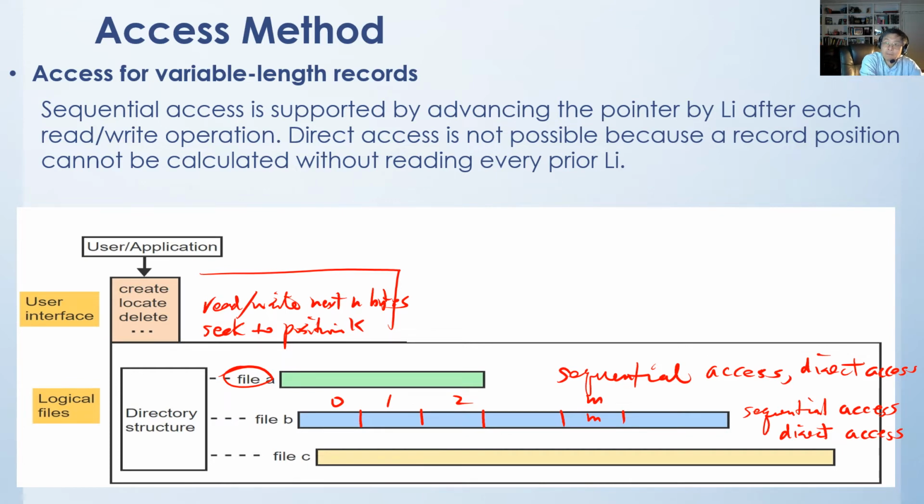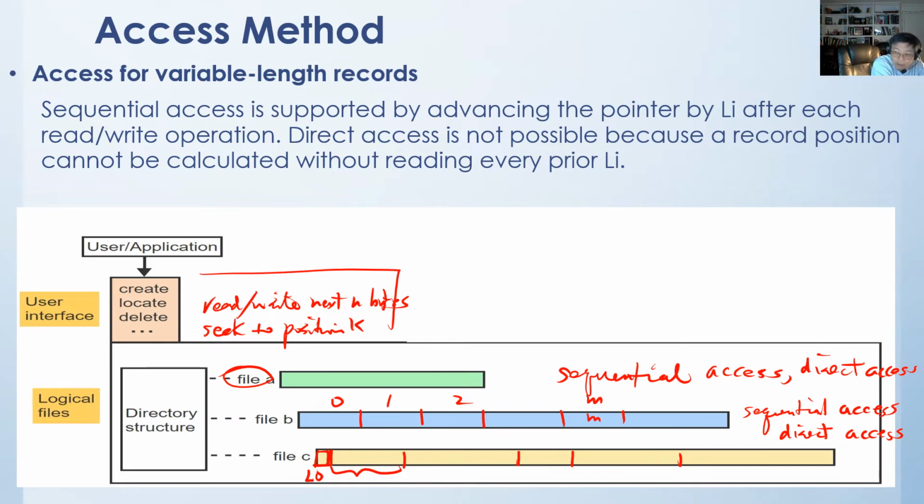Now, what about files stored as variable length records? Here's a record, and here's another record. The records have different lengths. So in that case, you need a certain space to record the length of each record. Here's record 0, and the length is L0.